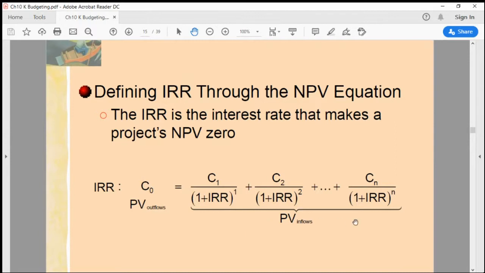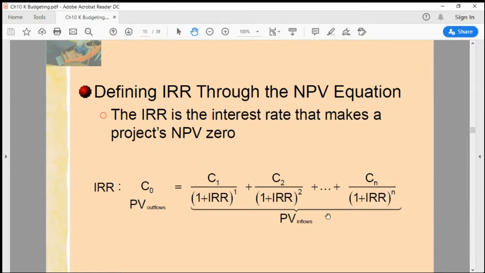Now, of course, if the right-hand side, which is basically the present value of all the projected future cash flows, is greater than the left-hand side, that's what we want, right?